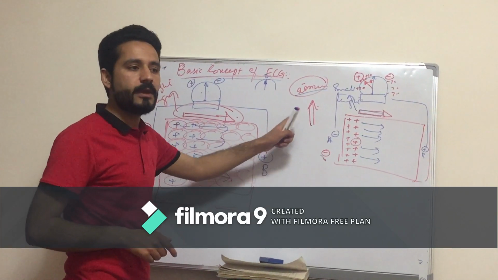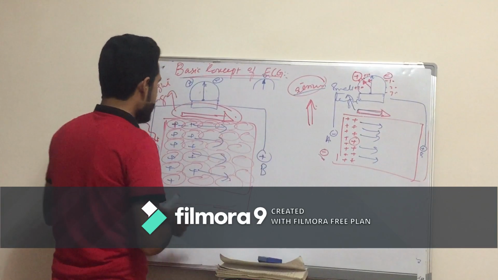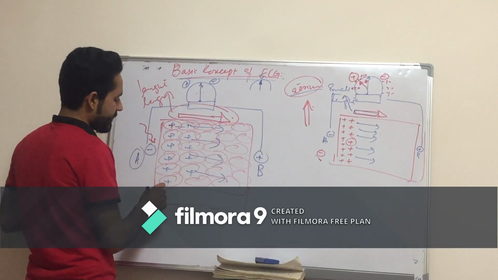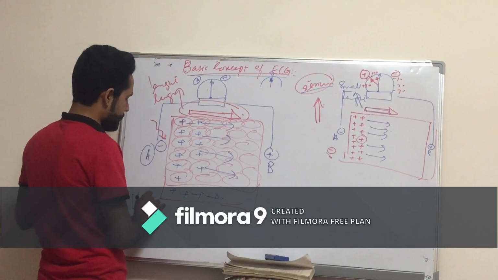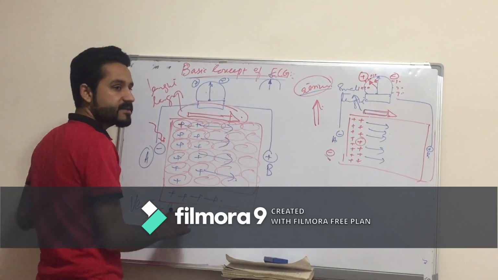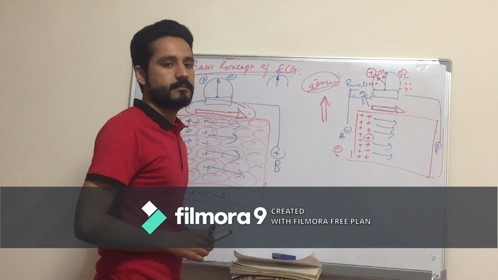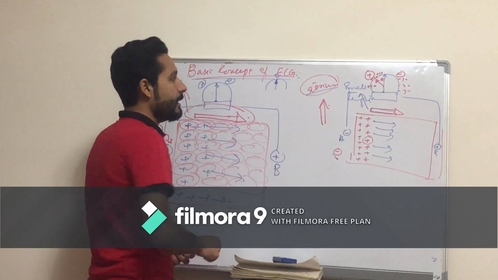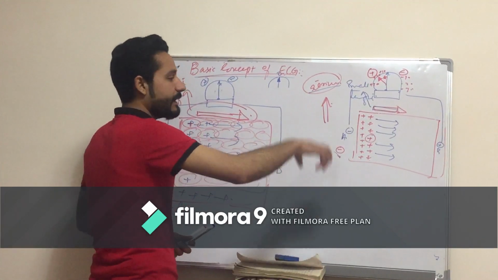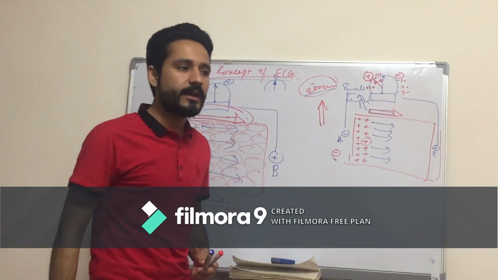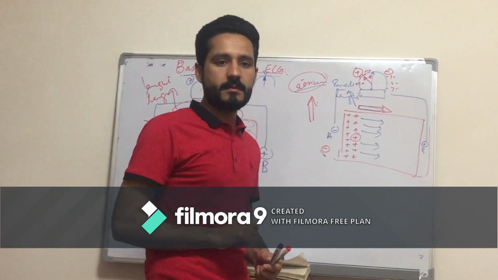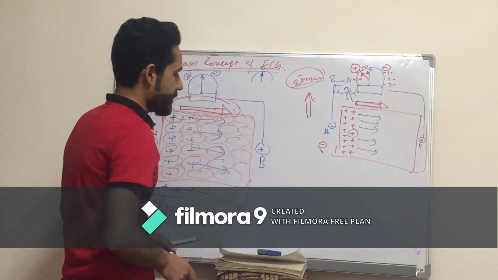The thick myocardium is present in the ventricles. That is why the atrial action potential is smaller as compared to the ventricular action potential.